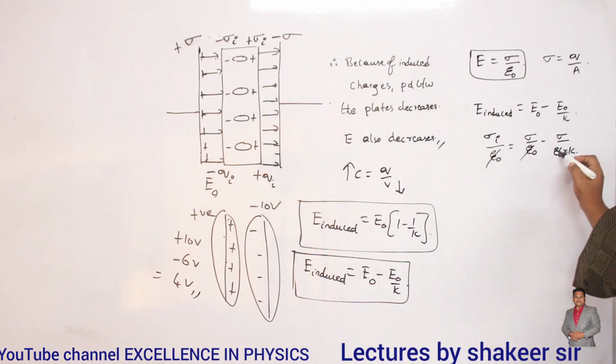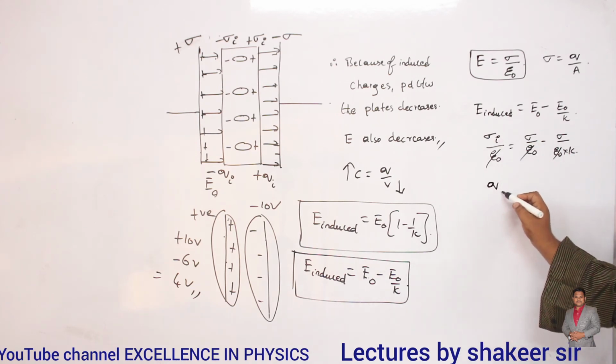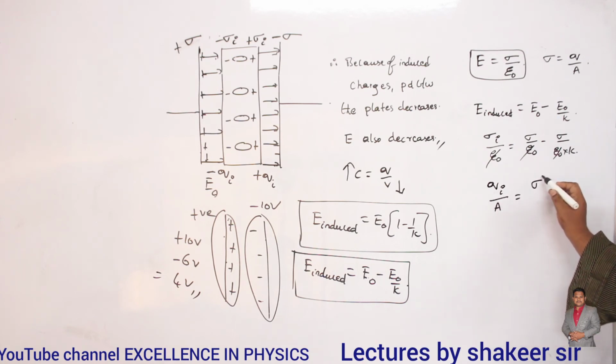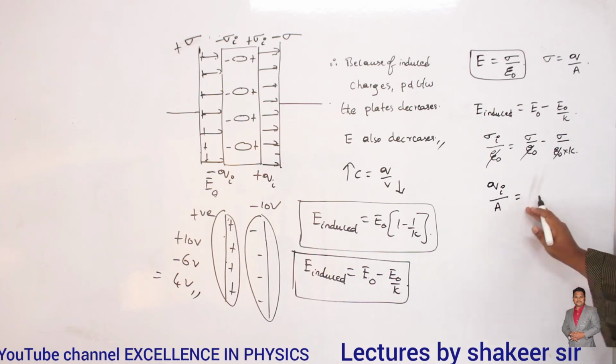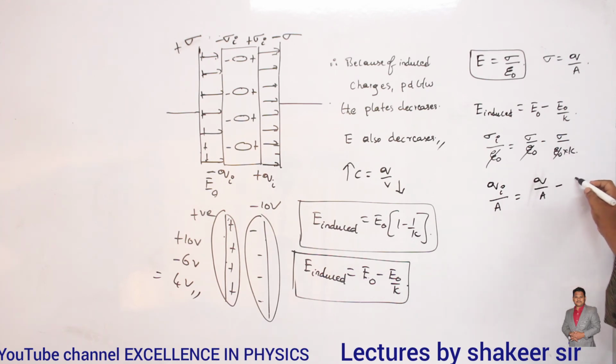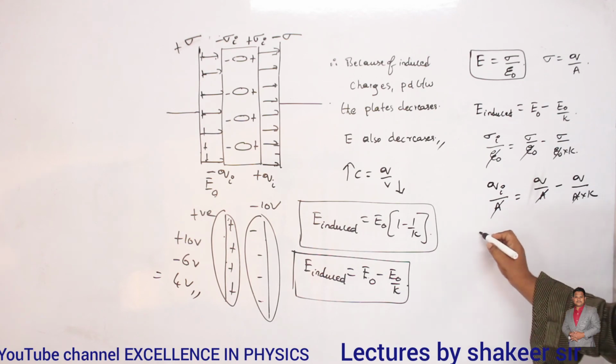So epsilon naught and epsilon naught will get cancelled, and sigma can be written as the charge induced per unit area, equal to the charge on the plates of the capacitor divided by unit area, minus sigma again written as Q divided by A into K. So A and A also get cancelled.